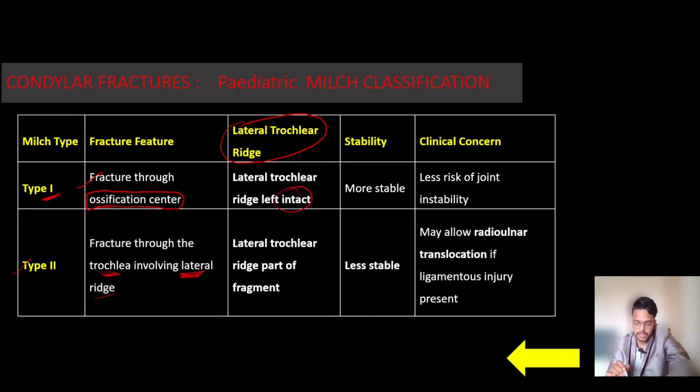Here also the same: in type 1, the lateral trochlear ridge is intact and it will be more stable and there is low instability chance. In type 2, the lateral trochlear ridge will get disrupted, less stable and there is more chance of translocation and ligamentous injury. That is the pediatric Milch classification.